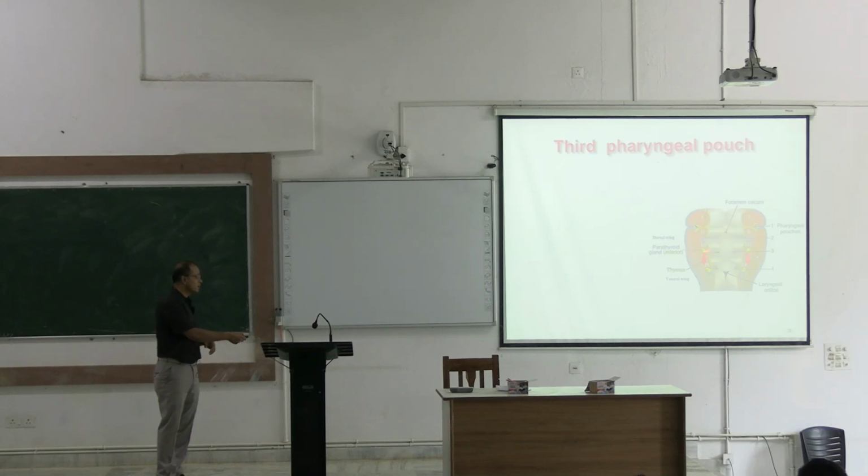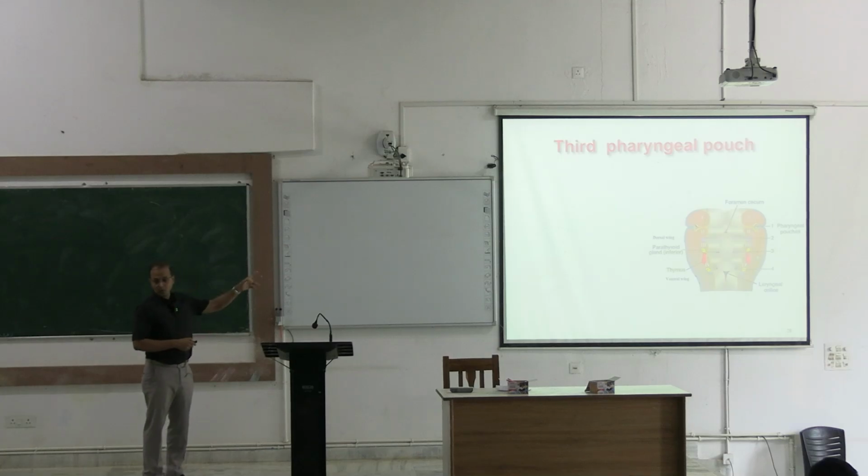This tissue is the derivative of the third pharyngeal pouch. It has a ventral part and a dorsal part. The yellow one, developing from this third pharyngeal pouch, develops into a gland we call the parathyroid gland.